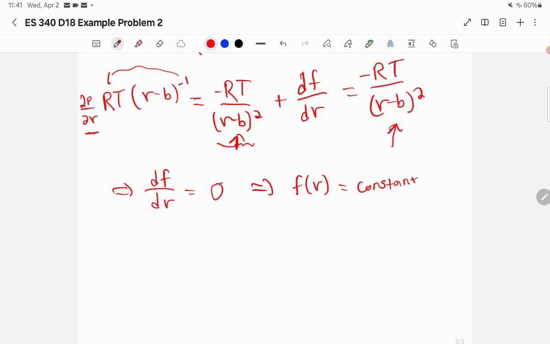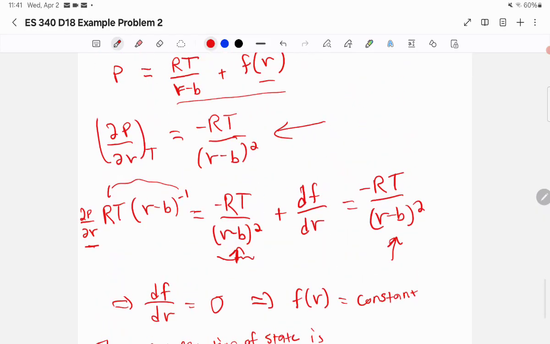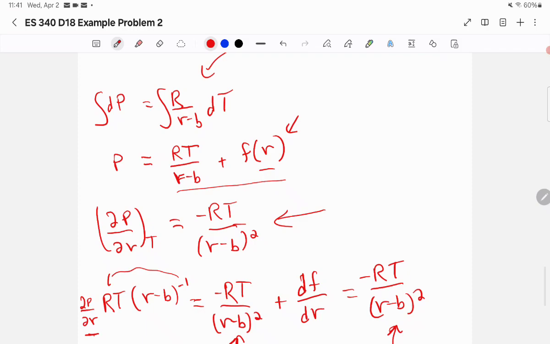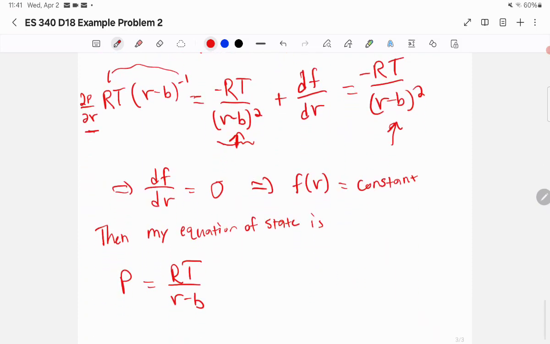So what this means is my equation of state, P is equal to RT over V minus b, which we saw up here, plus some constant, which maybe we'll call capital C, why not?